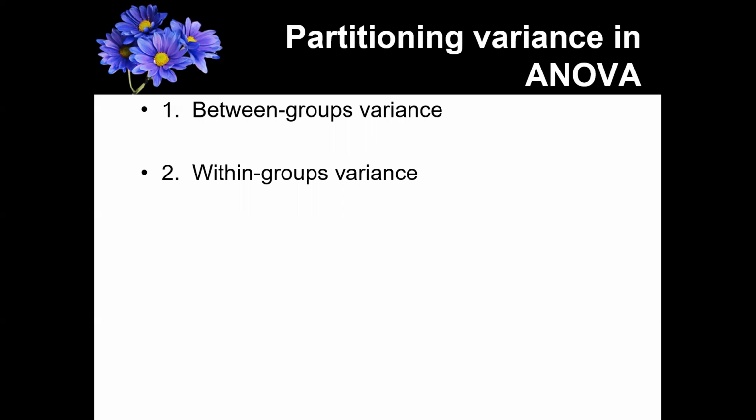Okay. So when it comes to an ANOVA, we're going to be looking at different sources of variance. One is between groups variance, and the other is within groups variance. Okay.